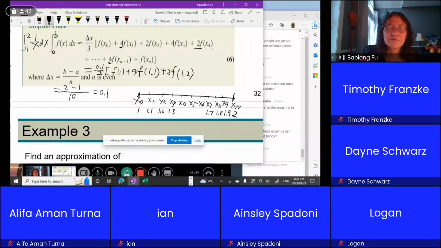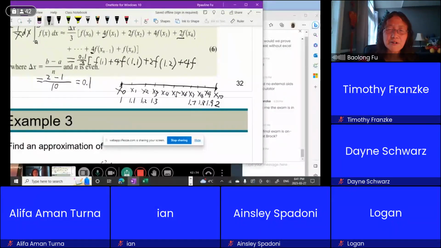So 4, 2, and then plus 4 f(x3), see, x3 is 1.3. x4 is 1.4, x5 is 1.5, x6 is 1.6.